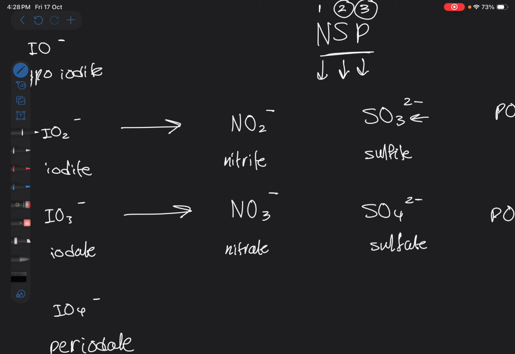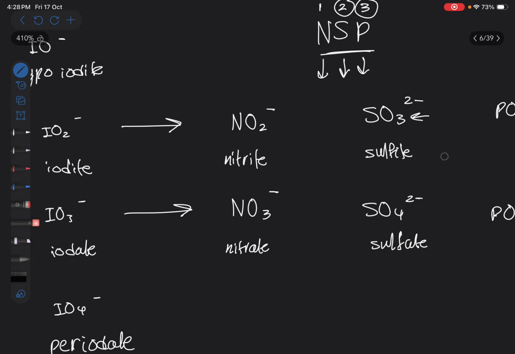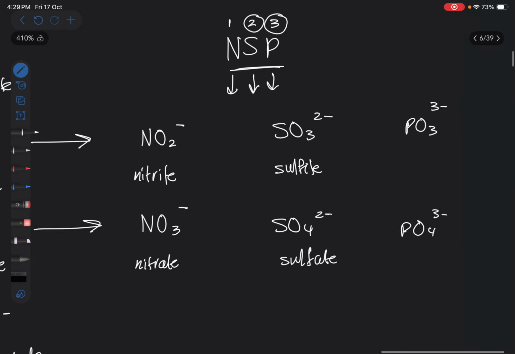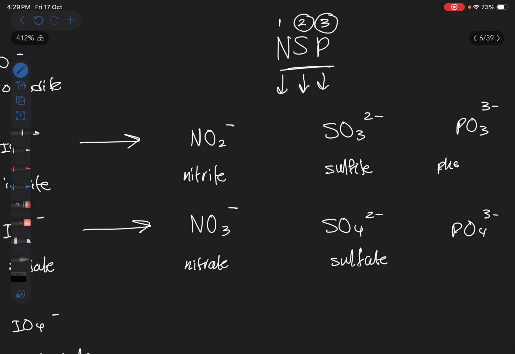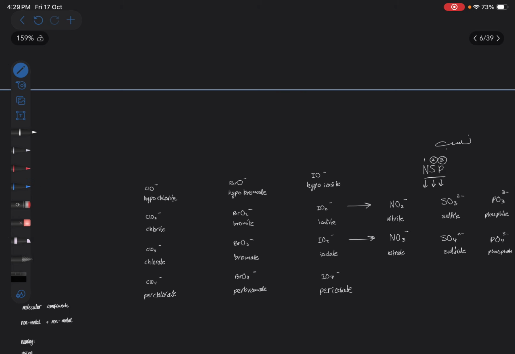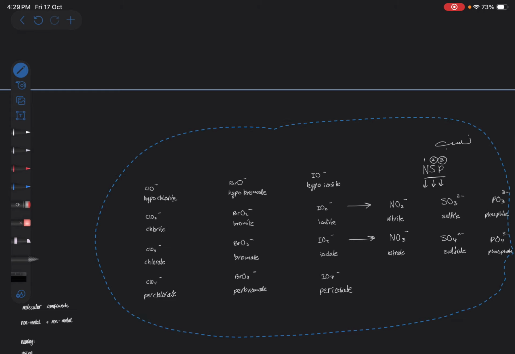This is the smaller version. This is the larger version. Smaller version, ite. Larger version, ate. So I hope you get the idea. Last but not least, the phosphorus, phosphite, phosphate.